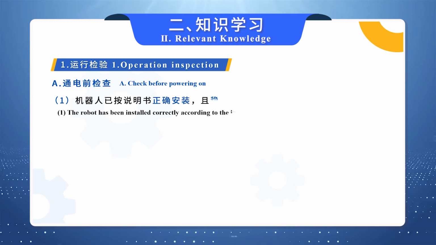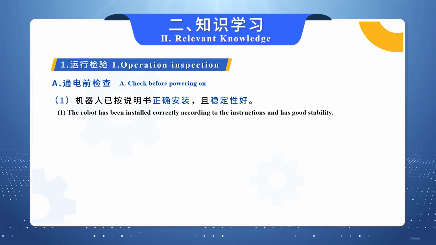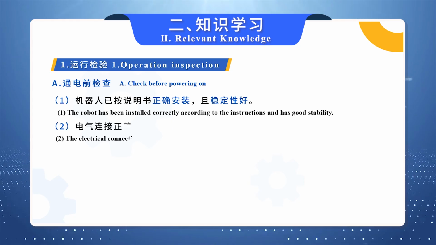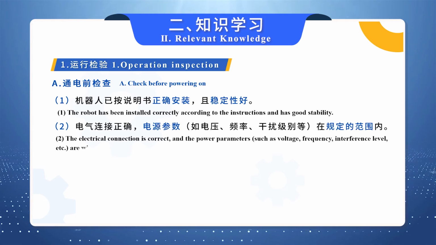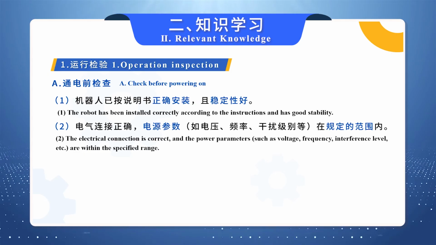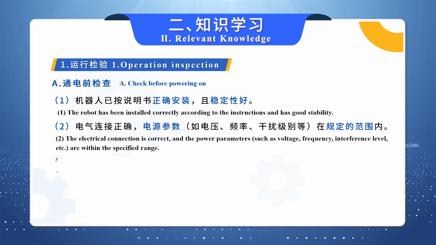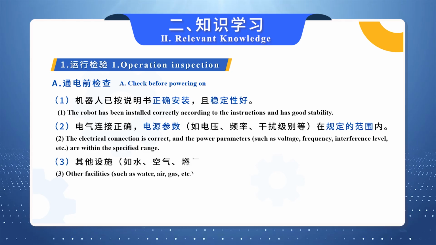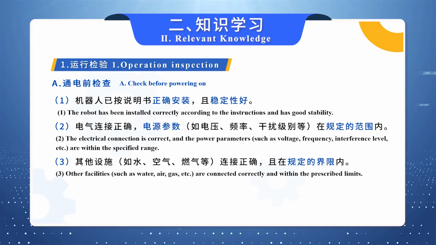The robot has been correctly installed according to the manual and has good stability. 2. The electrical connections are correct, and power parameters such as voltage, frequency, anti-interference level, etc. are within the specified range.